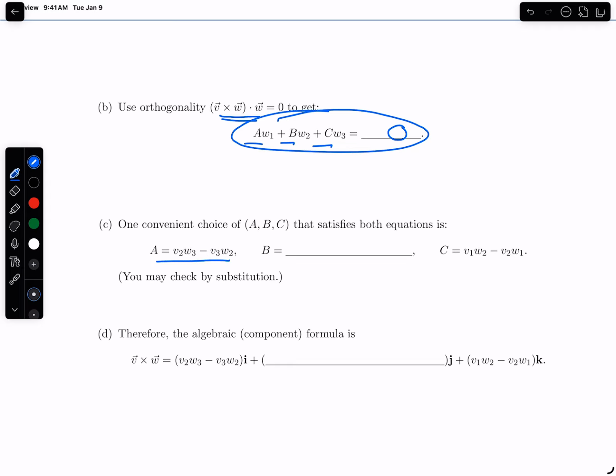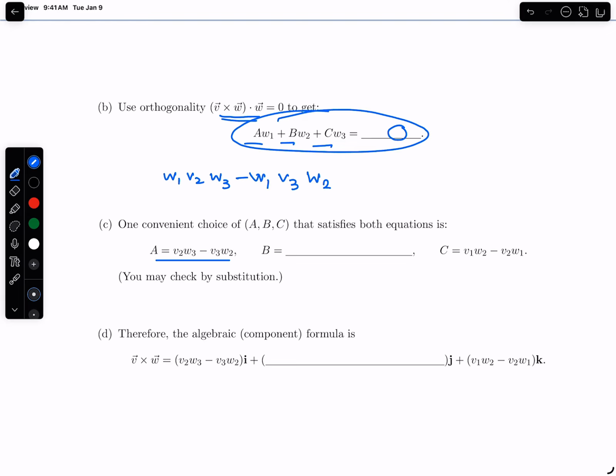So if we are choosing A to be this one, if I multiply A with W1, as you can see, then this will be W1 V2 W3 minus W1 V3 W2.